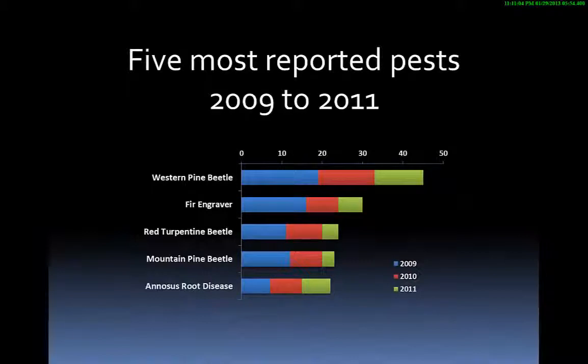Here are some examples of what you can do very quickly and easily once you have the data in a digital database format. Here, what you see is a summary of all the PDRs we collected from 2009 to 2011 of the 5 most reported pests in the region.